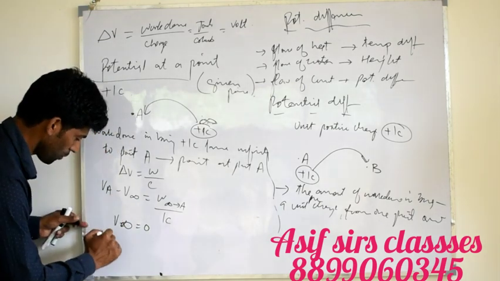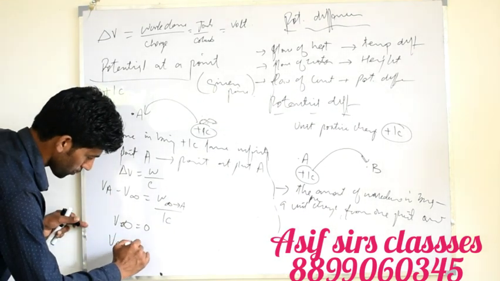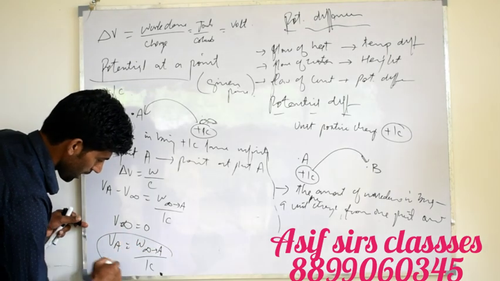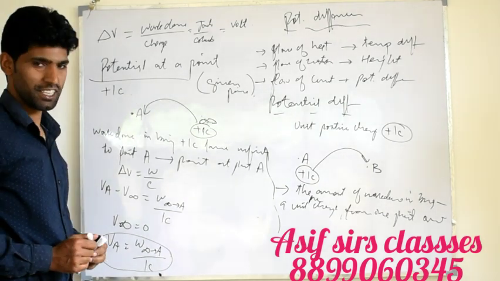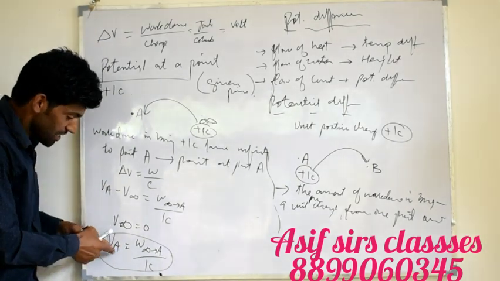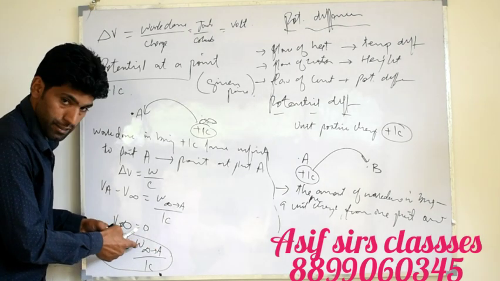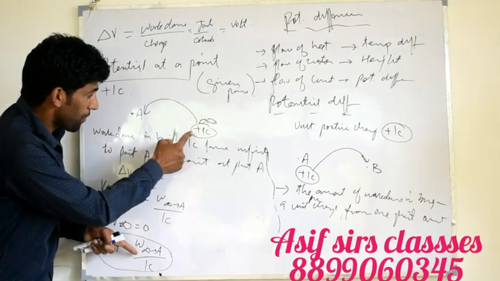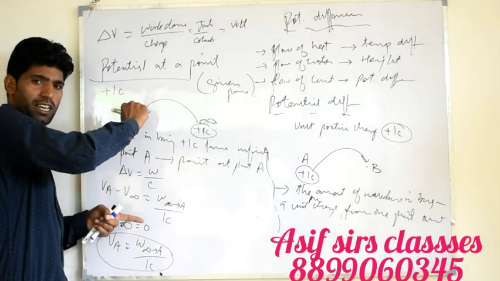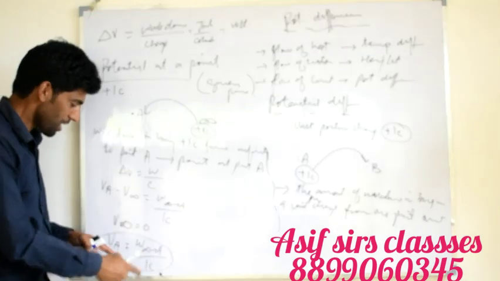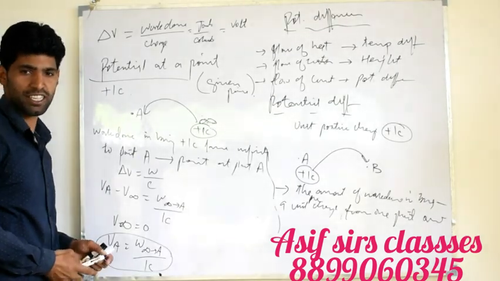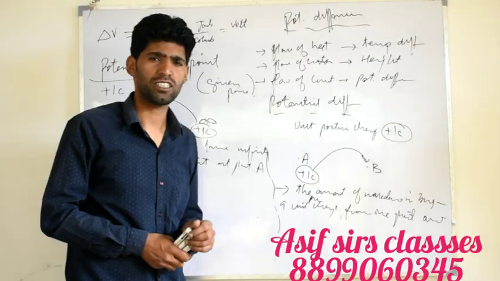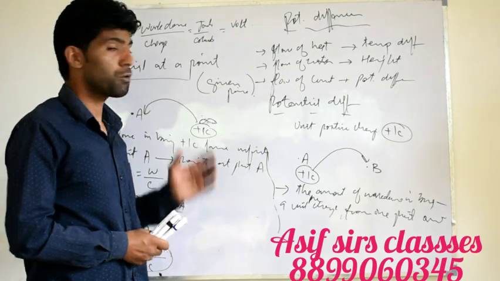If V infinity is 0, we can write VA is equal to W infinity to A divided by 1 coulomb, and this is the potential at point A. That means work done from infinity to A on plus 1 coulomb of charge is the potential at point A. At any given point it is also called electrostatic potential. There is a slight difference between the potential difference and the potential at a given point.